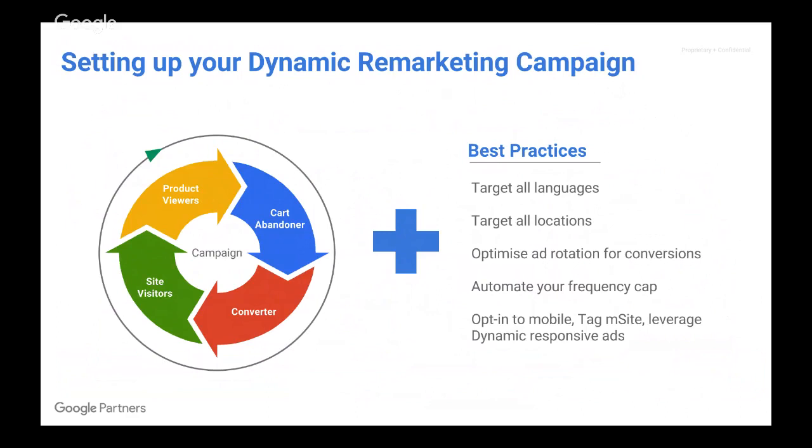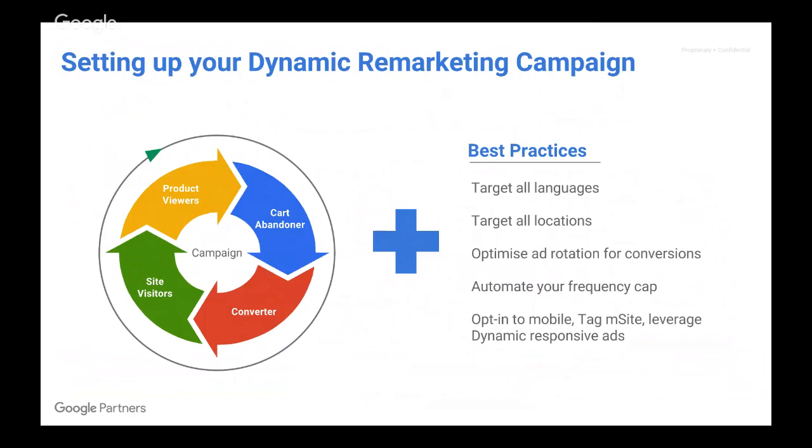So don't narrow it further by adding language targeting or location targeting. It's best to select all languages and all locations. Since we said that dynamic remarketing was a performance solution, it's also better to optimize your ad rotation for conversions and to automate your frequency cap.